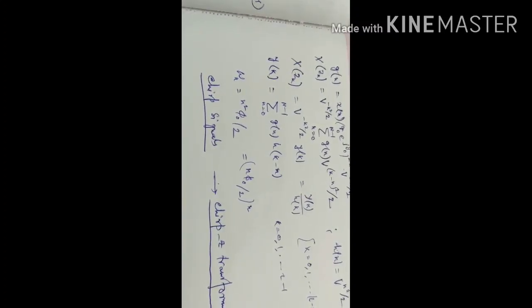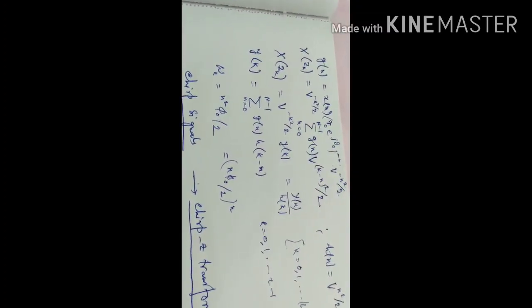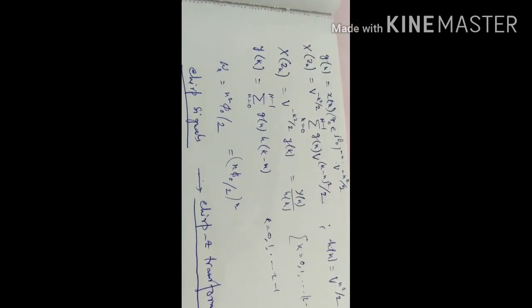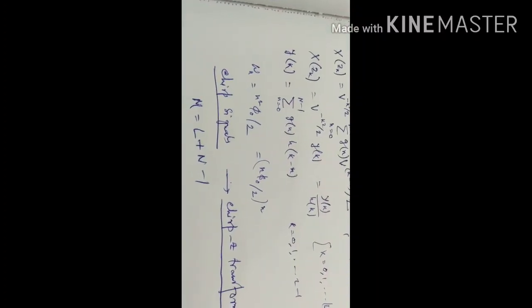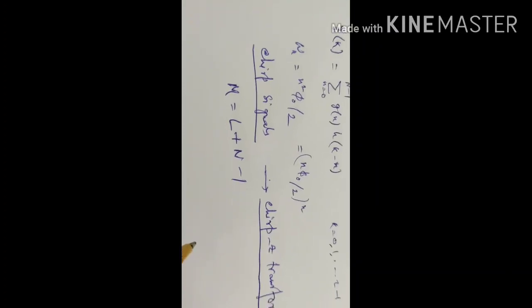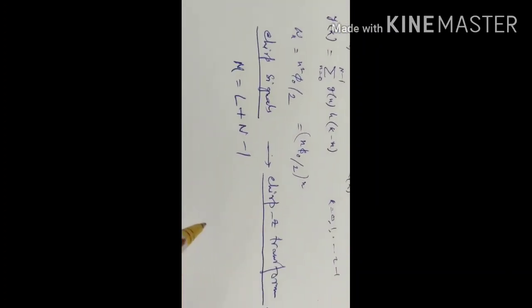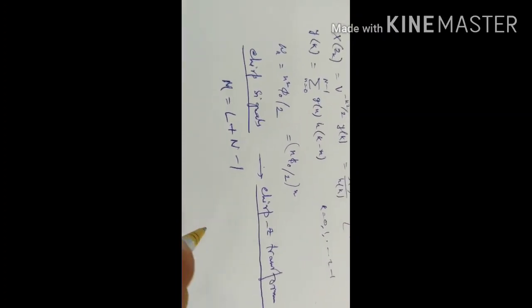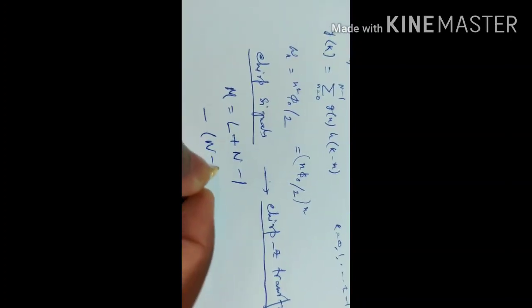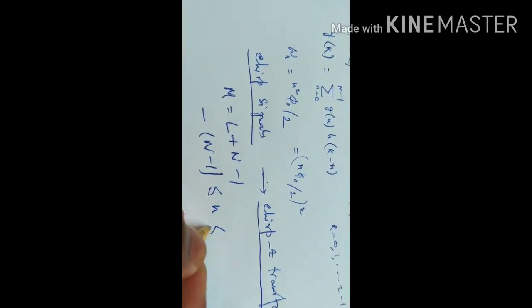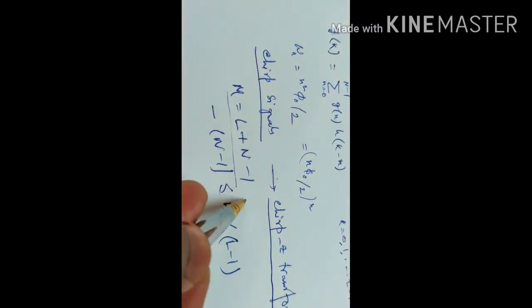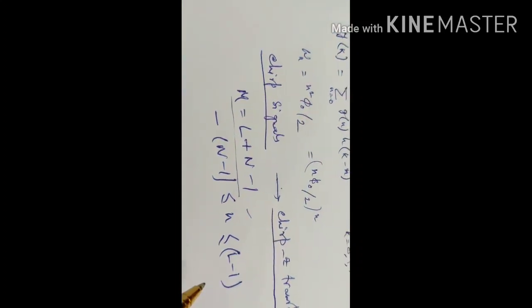In view of that, we select the DFT size m as L plus n minus 1, with L valid points and n minus 1 corrupted by aliasing. So the section of hn needed for the computation corresponds to the values of hn for minus n minus 1 less than or equal to n less than or equal to L minus 1, which is of length m equal to L plus n minus 1, as we observed.